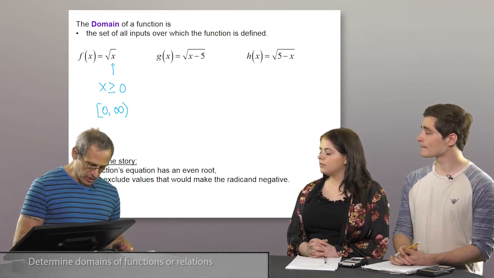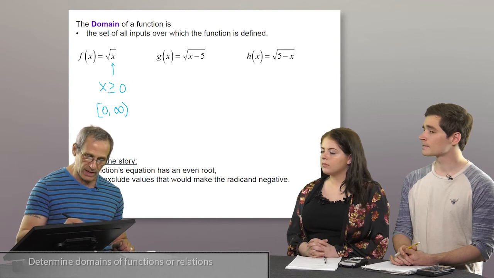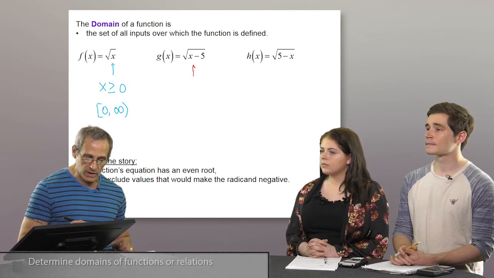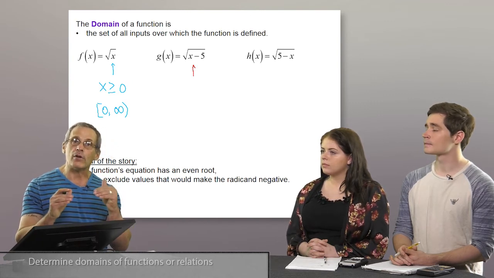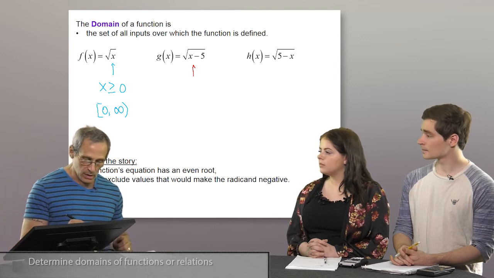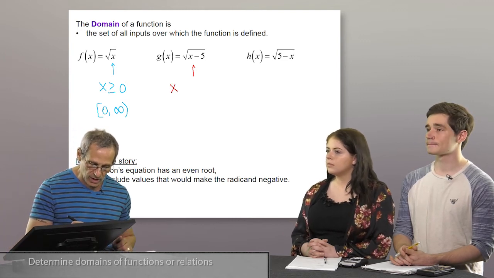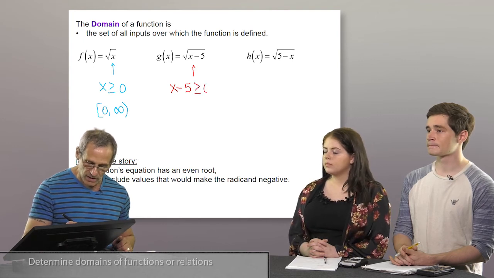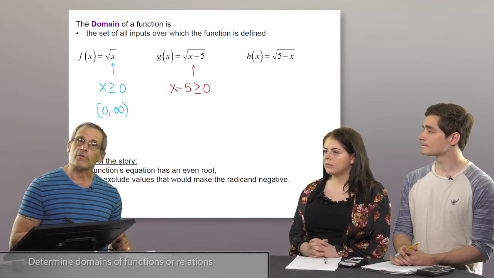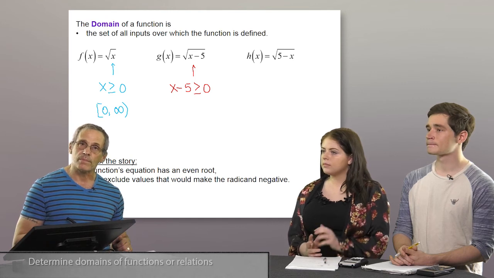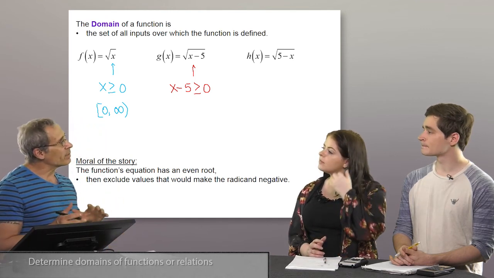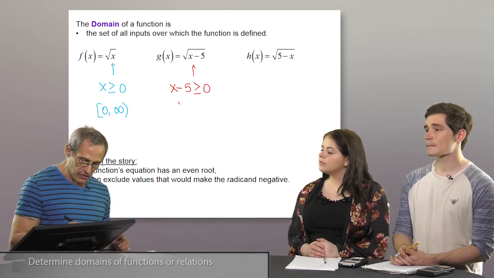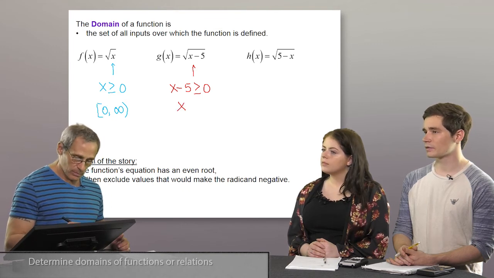For my next function, I want to go ahead and use the same technique. So I want to say to myself, my radicand always has to be 0 or more. So I'm going to write, instead of x is greater than or equal to 0, x minus 5 is greater than or equal to 0, and I'm just going to solve for x. Well, if I add a 5 to both sides, I find that x is greater than or equal to 5.